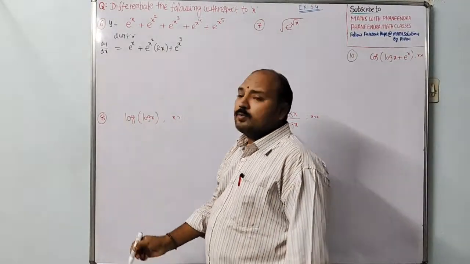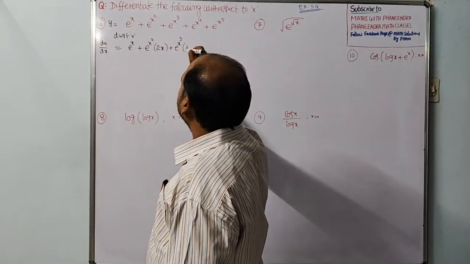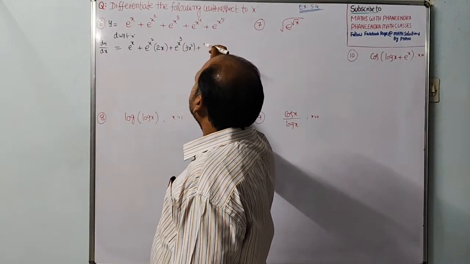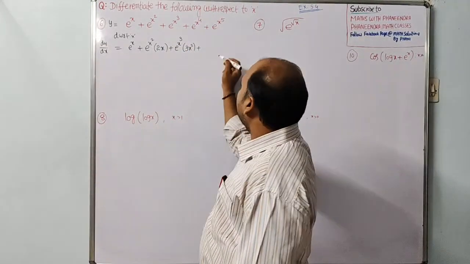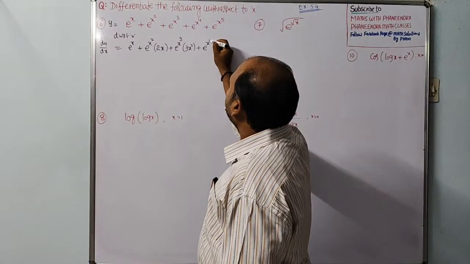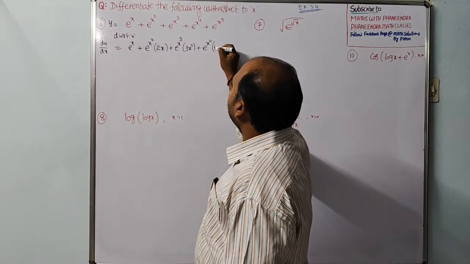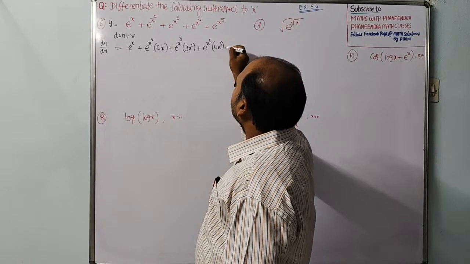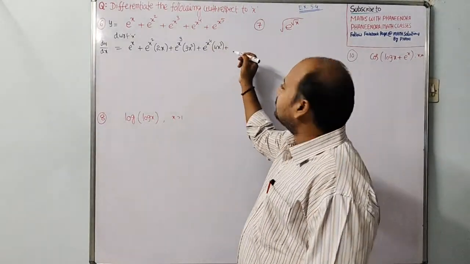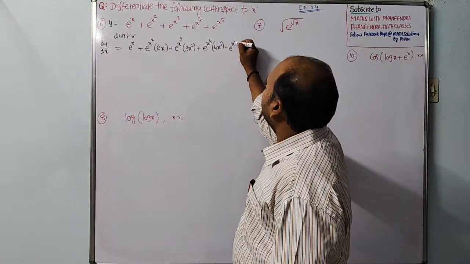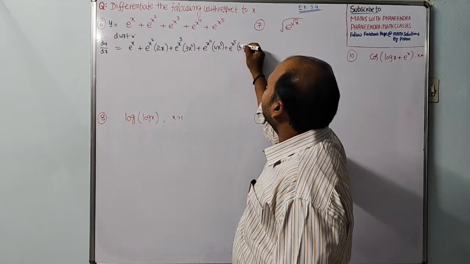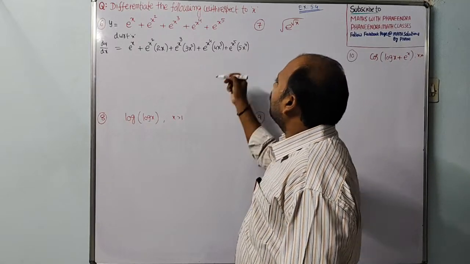e power x cube. Again x cube derivative is 3x square, plus d by dx of e power x power 4 is e power x power 4. Again derivative of x power 4 is 4x cube, plus d by dx of e power x power 5 is e power x power 5. Again x power 5 derivative is 5x power 4.